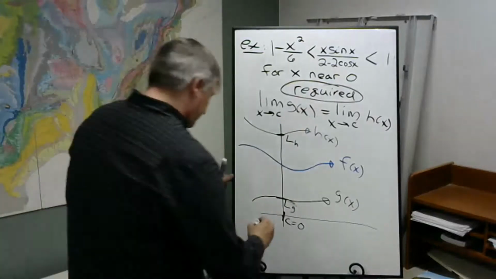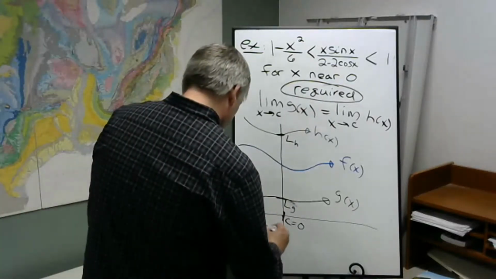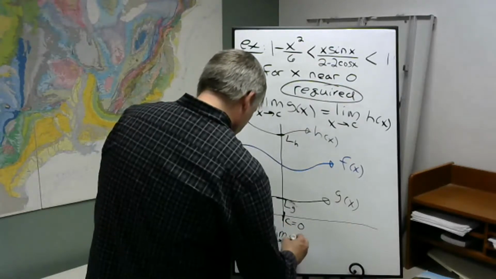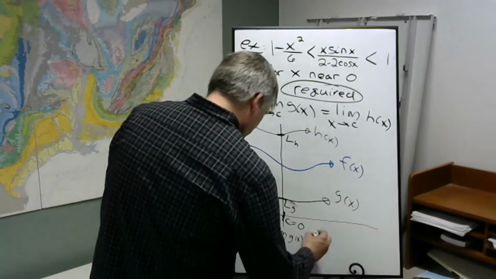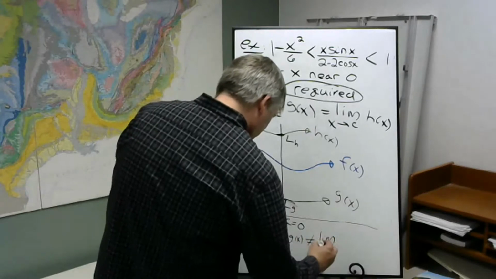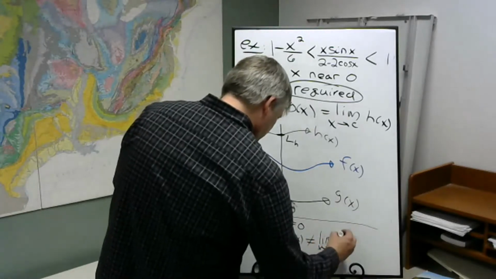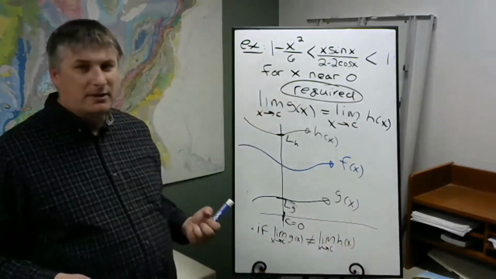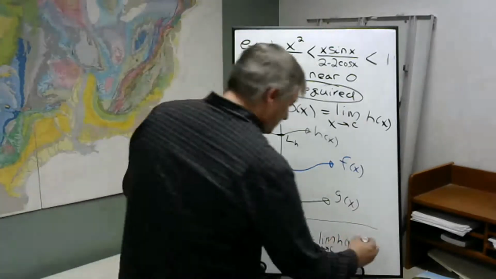If they're not equal, we won't know exactly the limit for f of x.